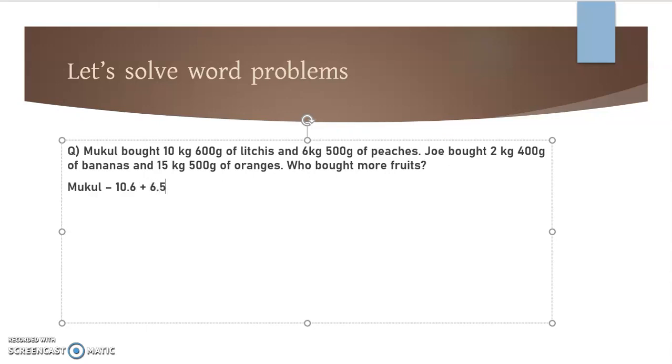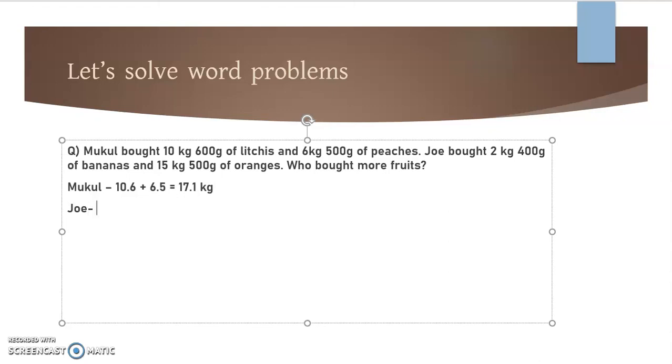Why 6.5? 6 kgs is 6,500 gram, we are representing it in kg. That adds up to 10.6 plus 6, 16.6, 16.6 plus 0.5, 17.1 kgs of fruit. Remember not to forget the units. You lose marks simply because of that.